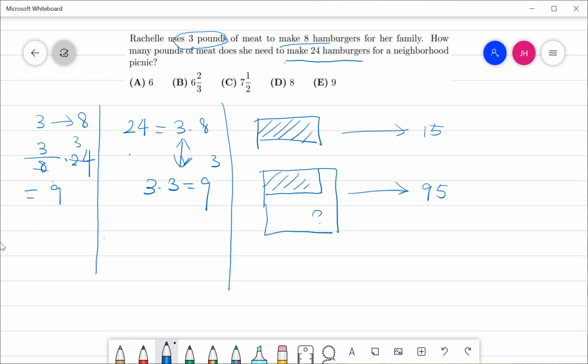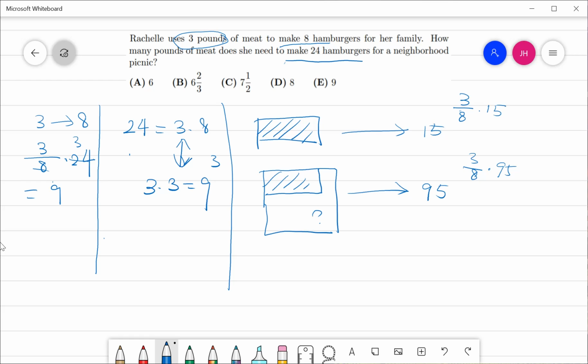Right? And then, if you apply the first approach, you have to multiply the amount of meat required for 1 hamburger by 15, and then this 3/8 by 95.